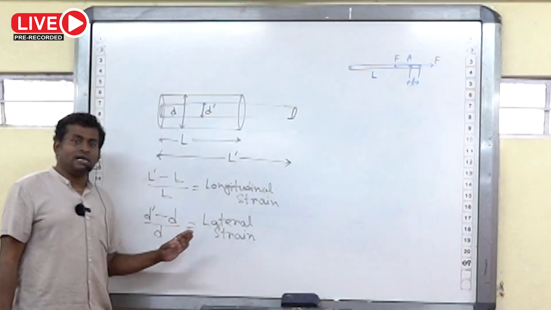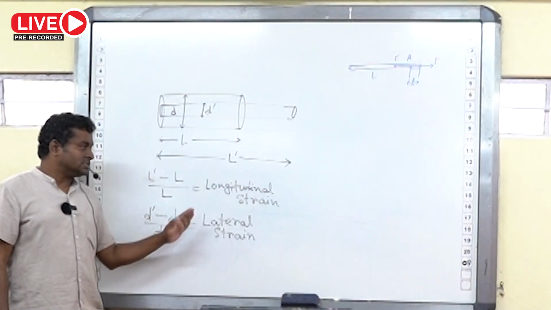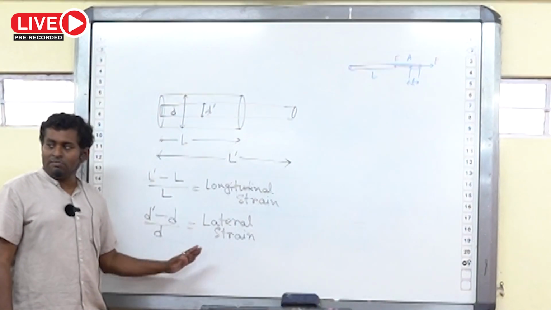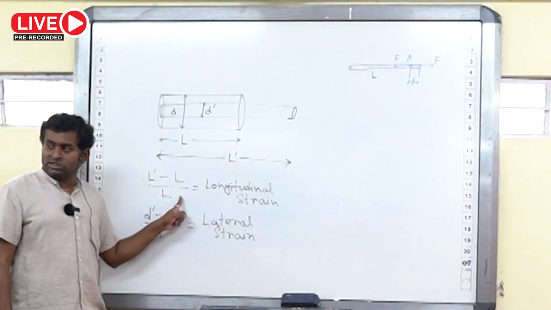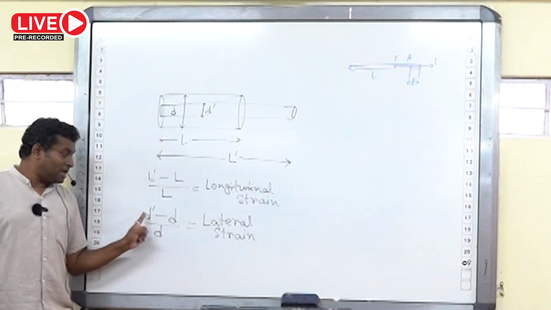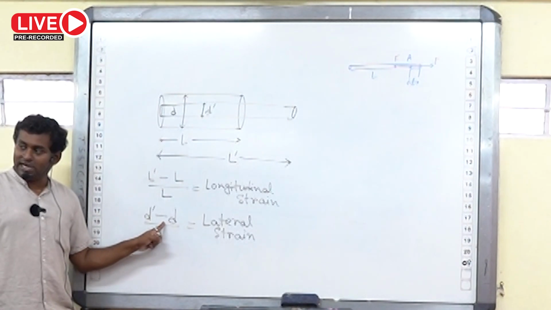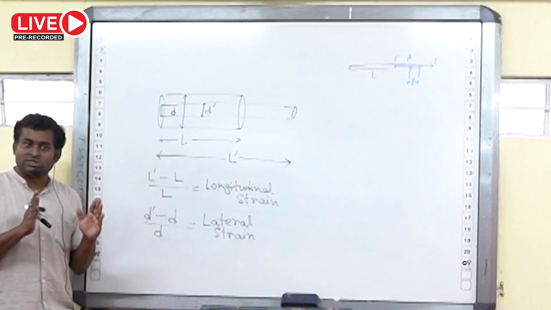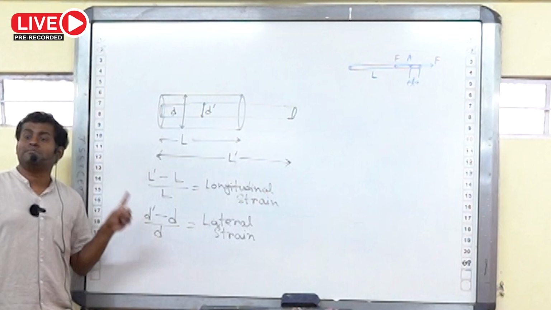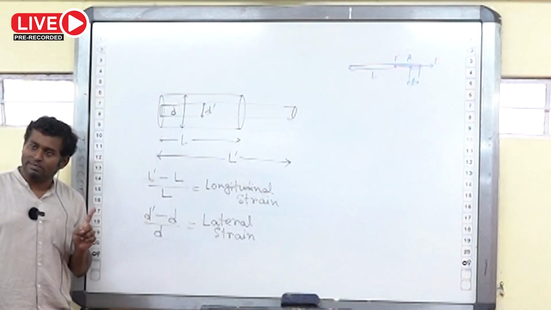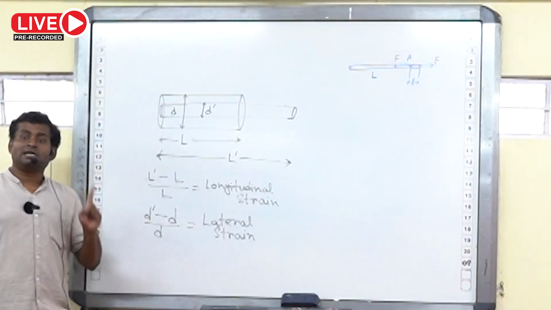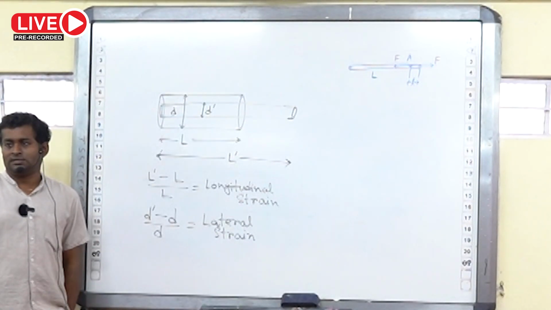Now we can write this one as longitudinal strain, and this one is defined as lateral strain. Remember, if longitudinal strain is positive, lateral strain should be negative. See, d prime is less than d, so it should be negative. And if the wire is compressed, then this one is negative, this one will be positive. So these two always have the opposite sign. Now we can define a ratio of lateral strain to longitudinal strain.